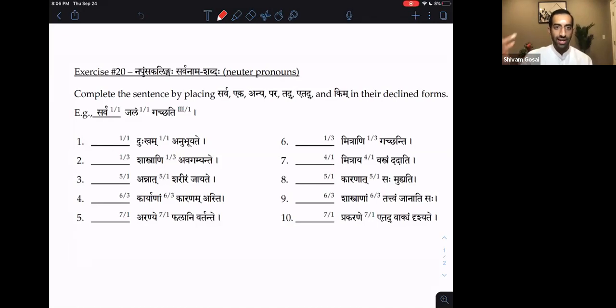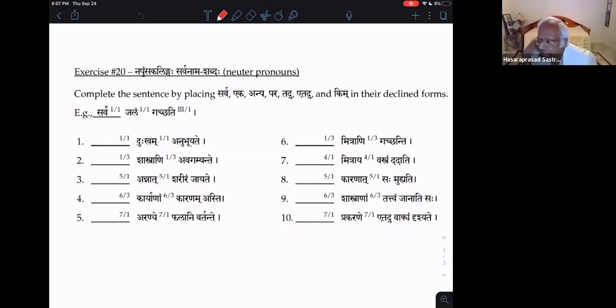If I'm saying Kim dukkham anubhuyate, Kim is referring to another neuter word, dukkham, so it's going to take that gender. But if I say kaha ramaha anubhuyate, which Rama is experienced, there Kim refers to masculine Rama, so it's going to go in masculine. So depending on what it's qualifying or what it stands for, the gender changes.